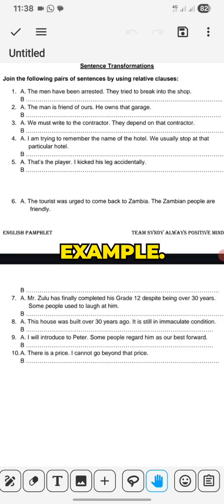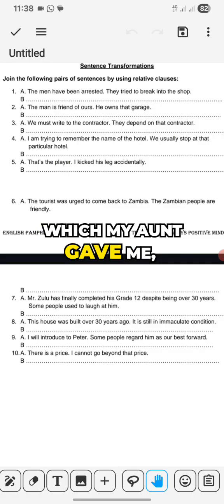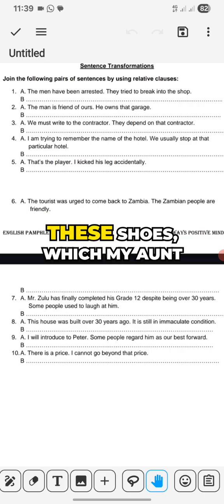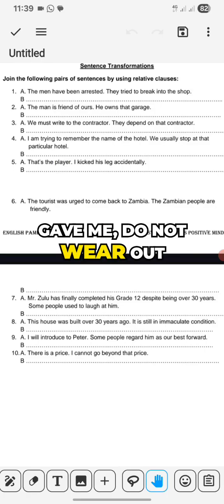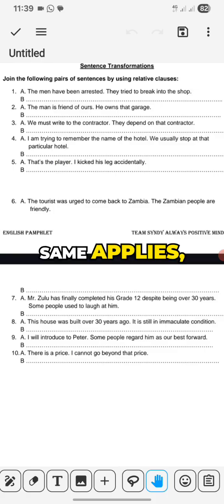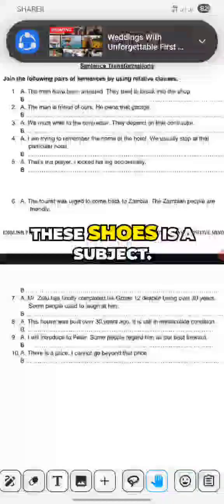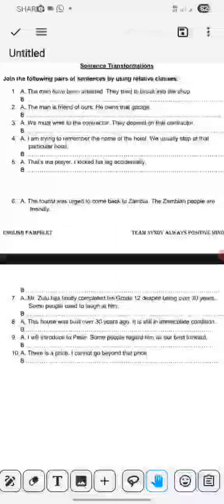I can give you the second example. We can say: these shoes which my aunt gave me do not wear out easily. These shoes which my aunt gave me do not wear out easily. Same explanation. These shoes is a subject.